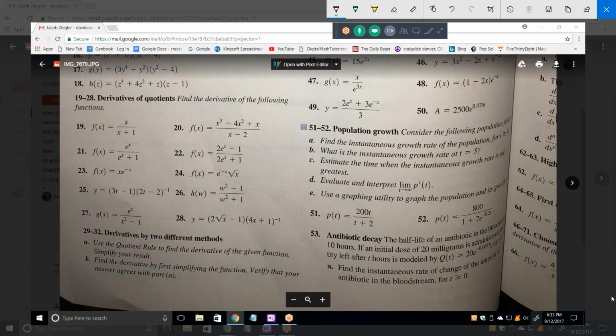Okay, 28. Let's write it properly for calculus. Rewrite 28 to prepare us to use the quotient rule. So it'd be 2x to the 1/2 power minus 1 all over 4x plus 1. Now apply the quotient rule.